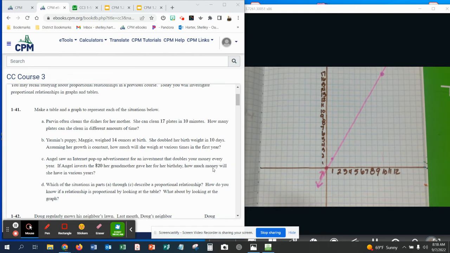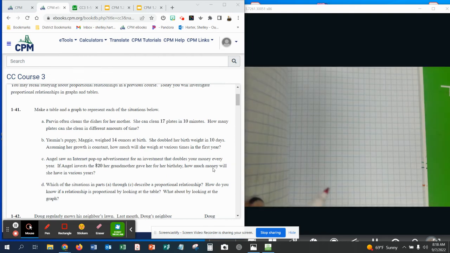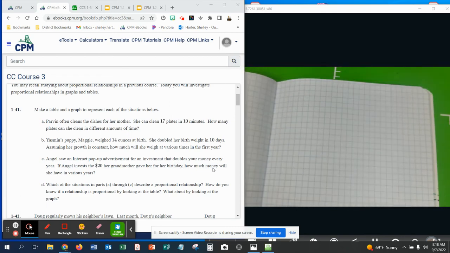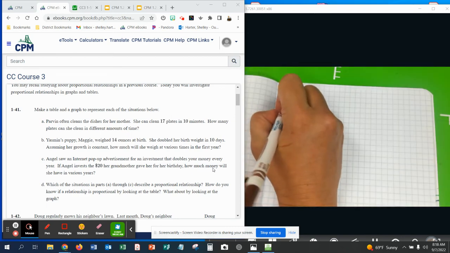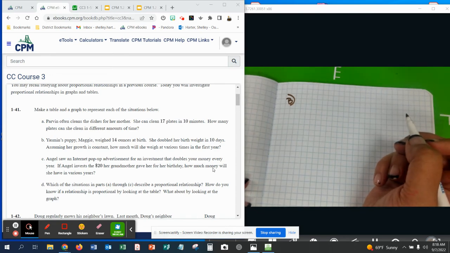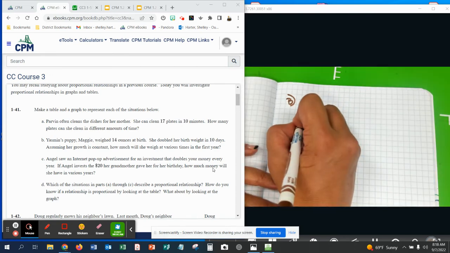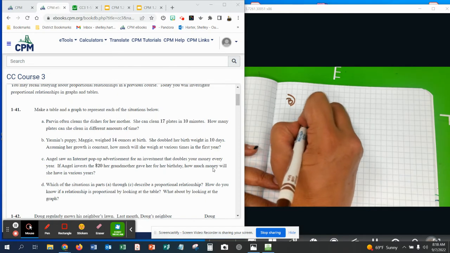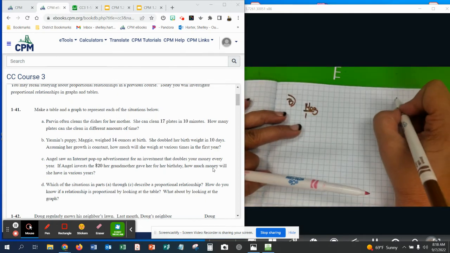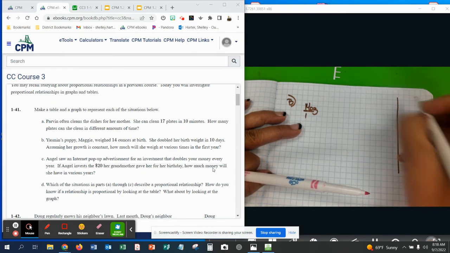So the next one is B, Yasmin's puppy. We're going to try to make this go a little bit faster here. When she was born, she weighed 14 ounces. So day 1, 14 ounces. We write it here, and we also do another X and Y table.